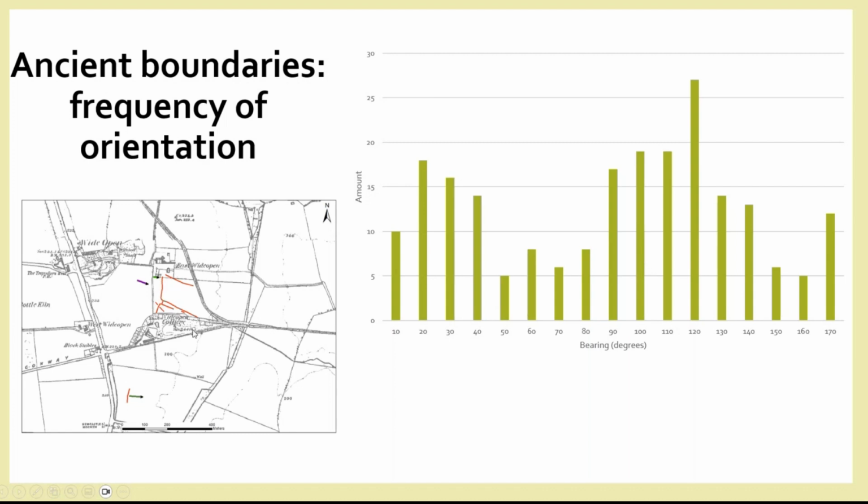I'll come back to this case study in a sec, but this is about 5 miles north of Newcastle again, a place called Wide Open. These are the boundaries that were excavated. So you've got this general slope direction, the general orientation there, which is borne out in the graph.